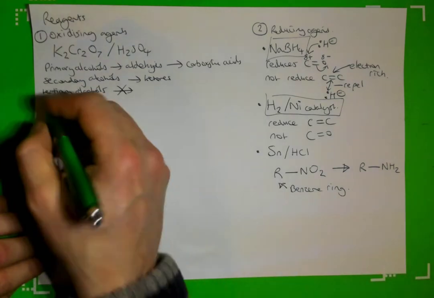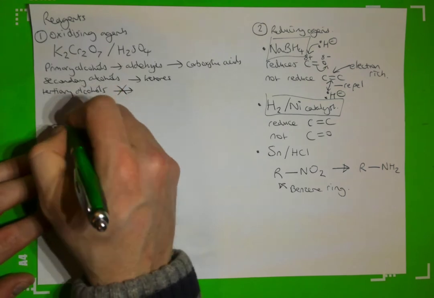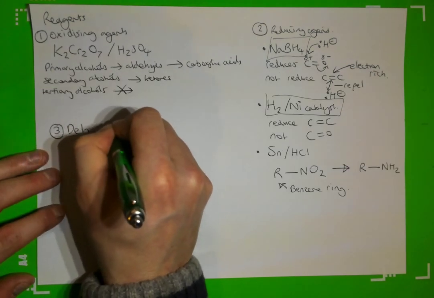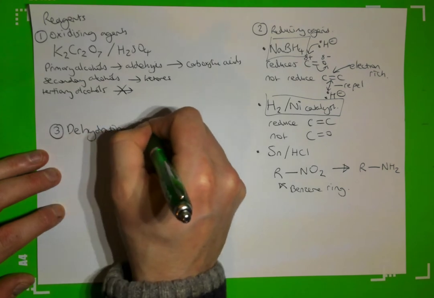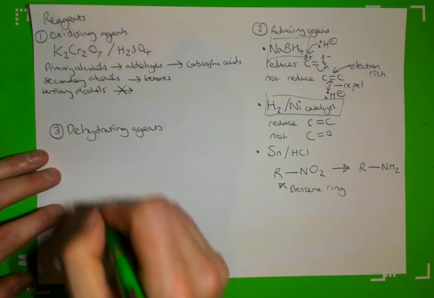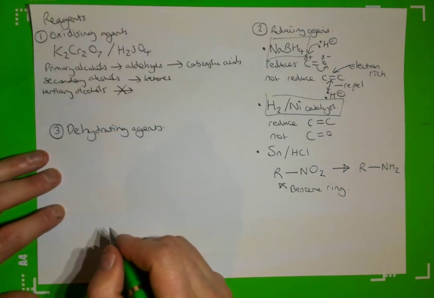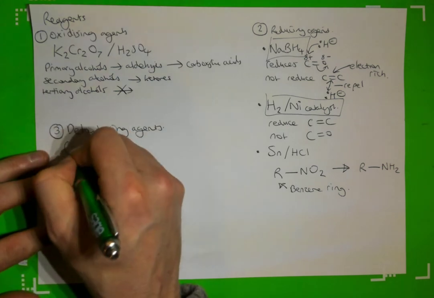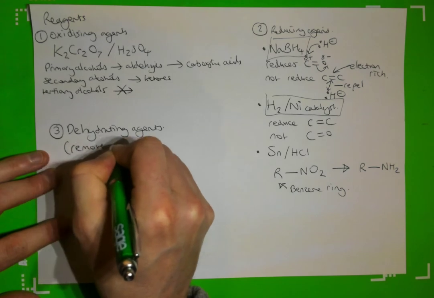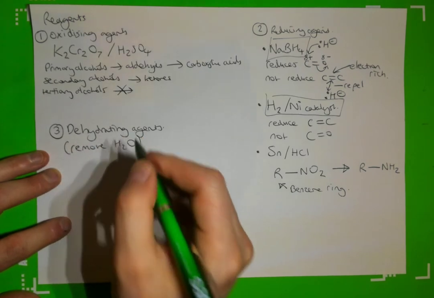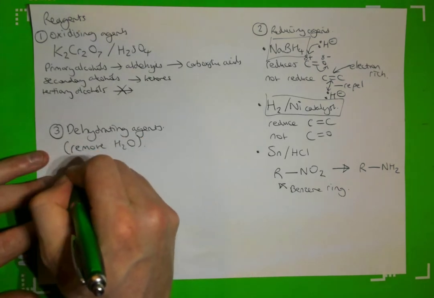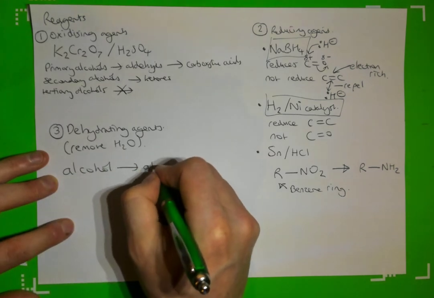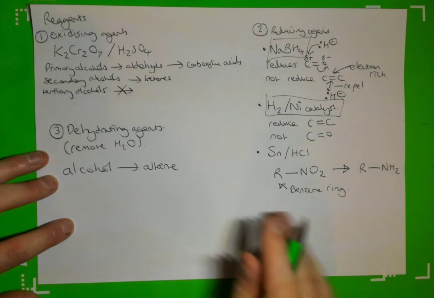We also have dehydrating agents. Now, dehydrating agents are reagents which remove water. So, for example, if we want to turn an alcohol into an alkene, we can use a dehydrating agent.